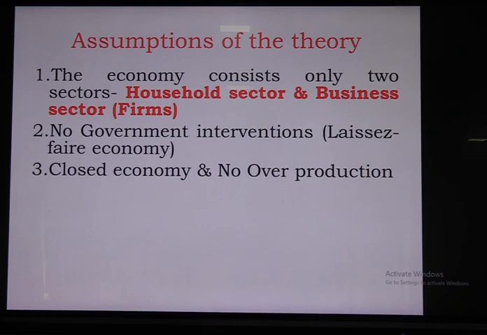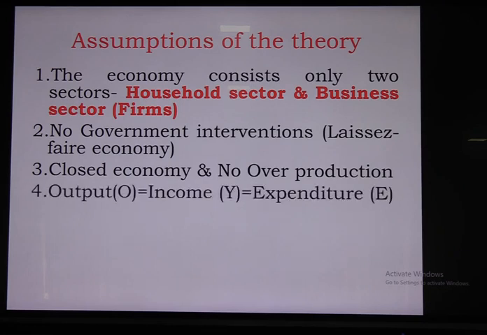And no overproduction. No overproduction means, as I told you, that if the household needs 100 units of bar soap, this 100 units of bar soap should be produced by the firm. No overproduction, no underproduction, because there is no export, no import. That is why the business sector produces the required amount of output for the household.